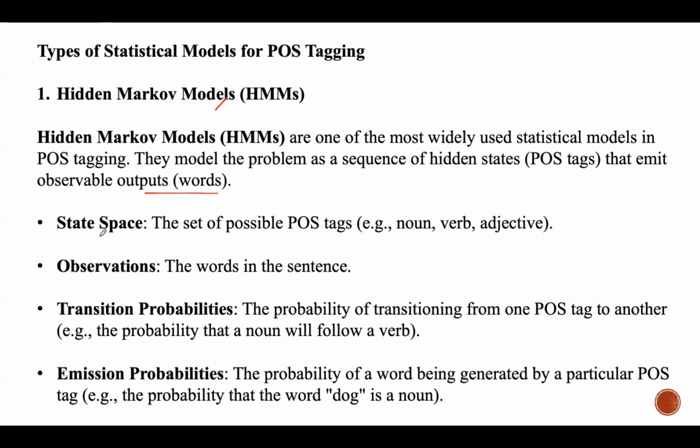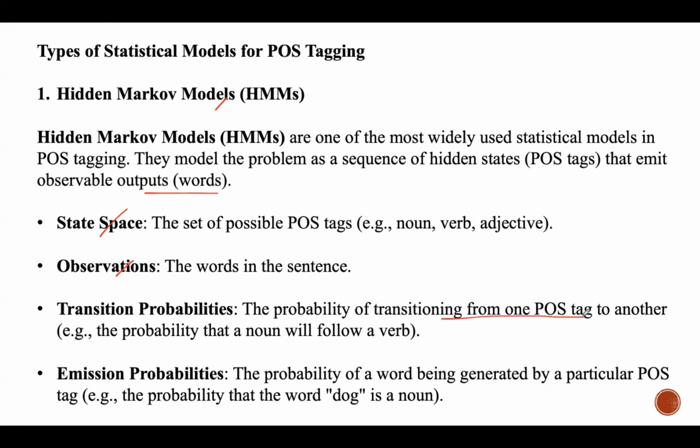We have a few components here. First one is the state space, which is the set of all possible POS tags like noun, verb, adjective, preposition, etc. Then observations, which are the words in the text. Then transition probabilities, the probability of moving from one tag to another tag.